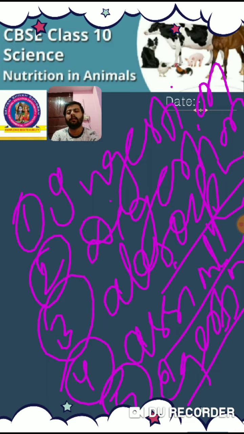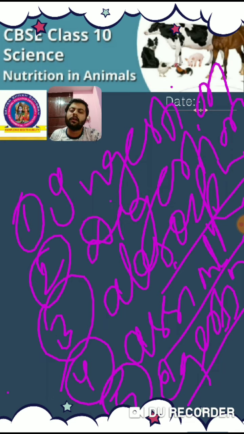After digestion, the simple soluble food is diffused into different body parts, diffused into the lymph and blood, and that process is known as what?